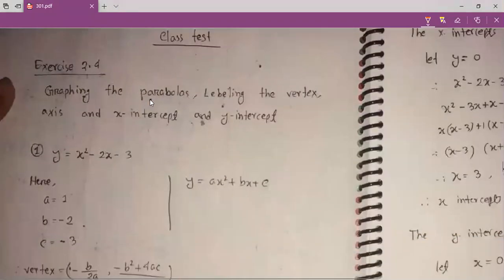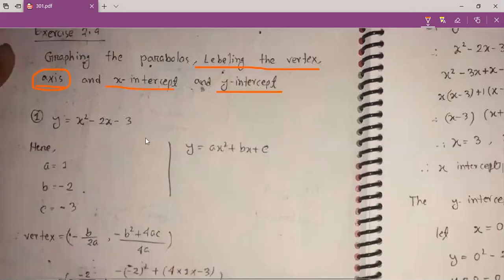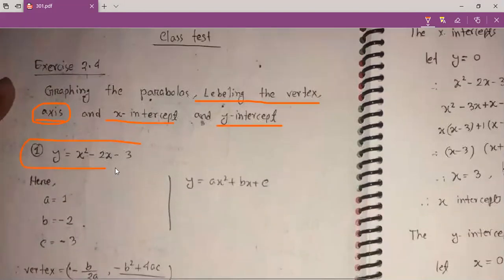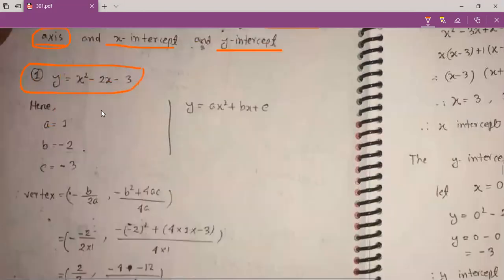We have to graph the parabola and label it. We have to label the vertex, find the equation of the axis, and also find the x-intercept and y-intercept. This is our equation, the equation of a parabola.